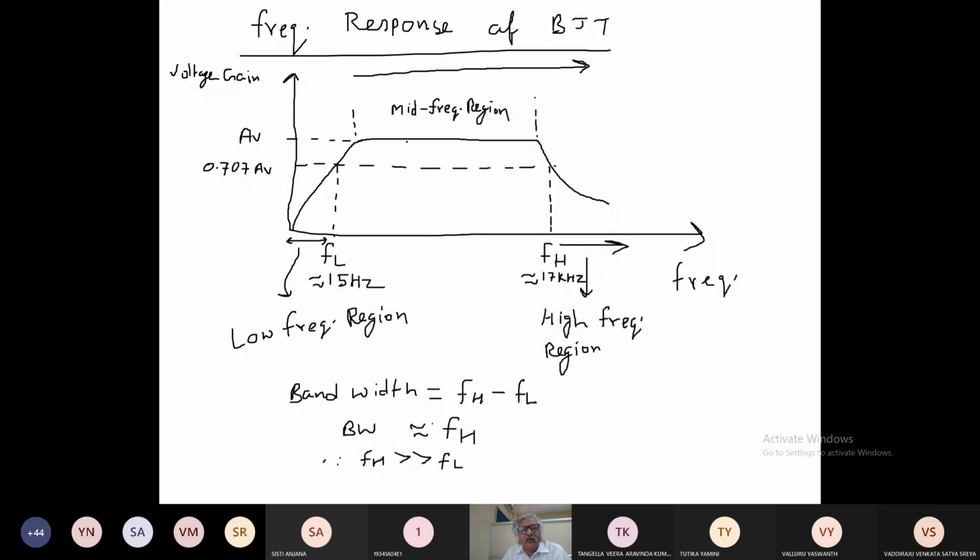If frequency is more, then reactance will be less. So in the mid frequency region, you will find the capacitive reactance of a capacitor is low, and in the high frequency region it is further low, right?